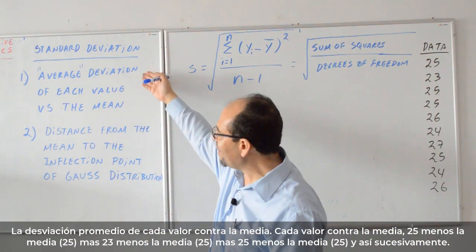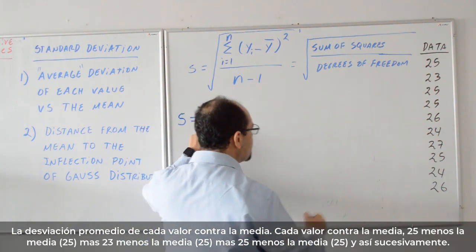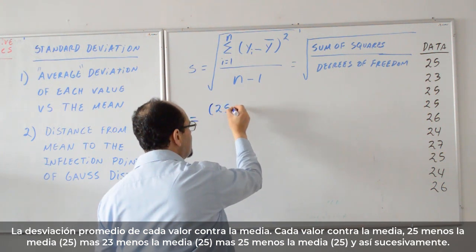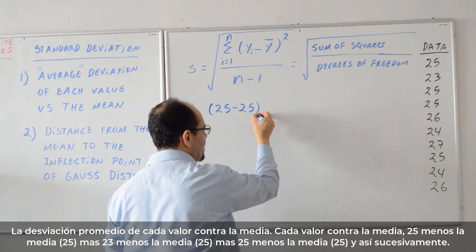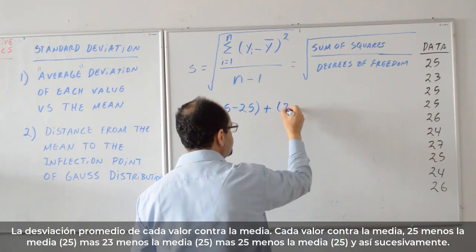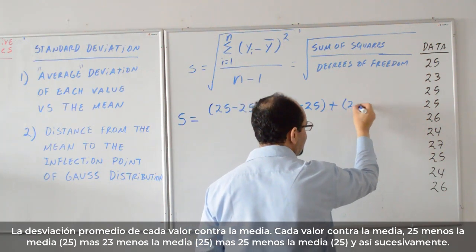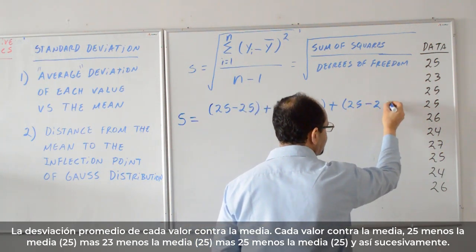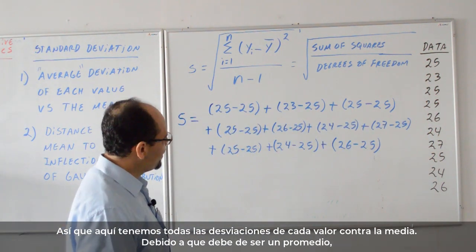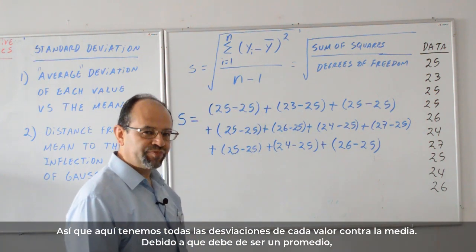So the first one, average deviation of each value against the mean. Each value against the mean, 25 minus the mean. We have said that the mean was 25, plus 23 minus the mean, plus 25 minus the mean, and so on. So we are having here all the deviations of each value against the mean.